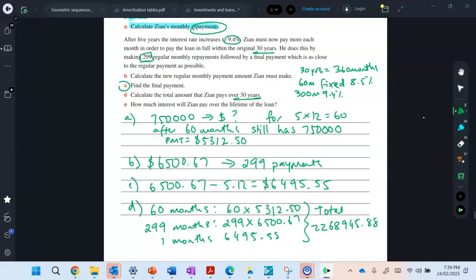So yeah, you could spend $750,000 on a house 30 years ago and it's probably worth more than $2.2 million today, because the house prices are ridiculous. So even though you're paying a lot in interest, houses are an appreciating asset. They do go up in value.